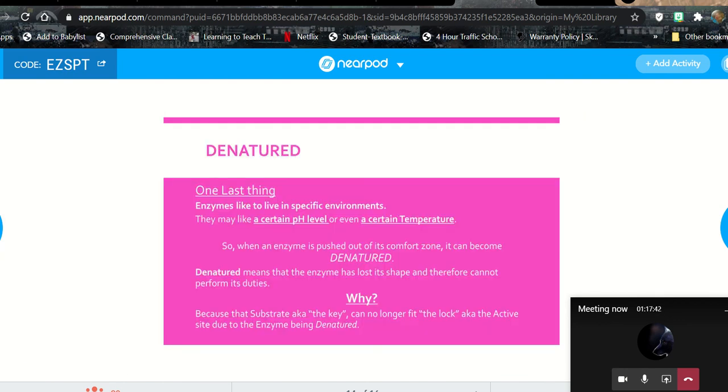All right, so denature. One last thing. Talking about an enzyme changing its shape, enzymes like to live in specific environments. For example, we have a lot of enzymes in our stomach acid, because that's where the digestion of our food happens. As a matter of fact, the organ in your body that produces a lot of those enzymes is called your pancreas.